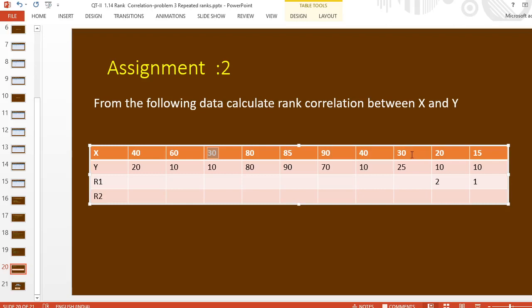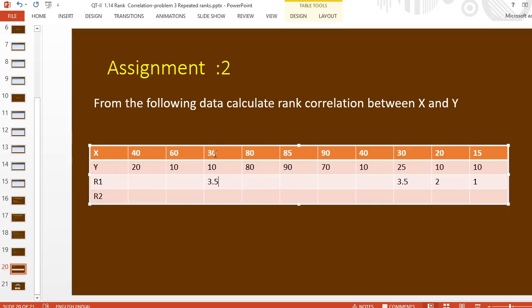As far as repeated numbers, we should give average rank. So 3 and 4. So we have to allot the third rank and the fourth rank. So 3 plus 4 divided by 2. So for that reason, the rank is 3.5. And here again, the rank is 3.5.